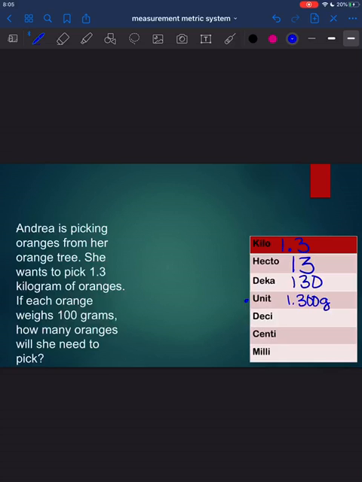So if Andrea wants to pick 1,300 grams of oranges, I'm going to divide that by how much each orange weighs, which is 100 grams, and 1,300 divided by 100 equals 13. So Andrea needs to pick 13 oranges that weigh 100 grams apiece to get 1,300 grams or 1.3 kilograms.